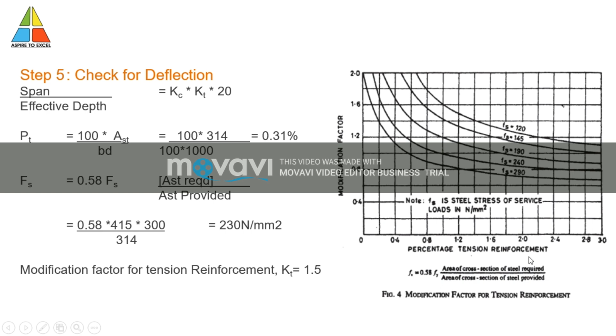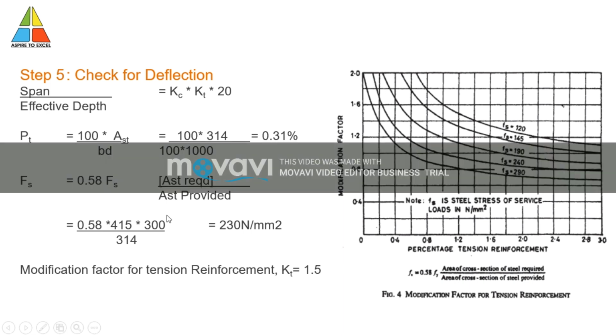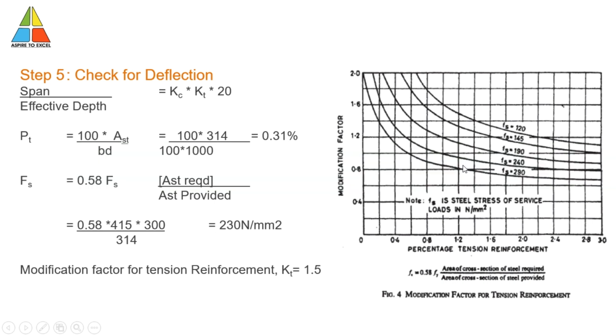The required area of steel was 300, and we provided 314. So this factor, 300 by 314, comes out to be approximately 1 only, so we can take 240. Otherwise, if we calculate it, 0.58 fy times steel required by steel provided is actually 230. So it will be slightly below this line, and the percentage of steel is 0.3.